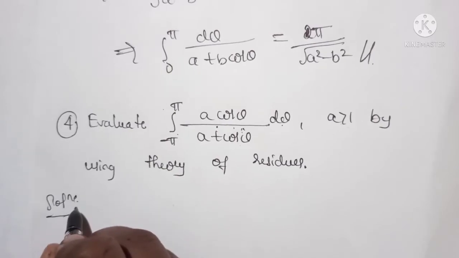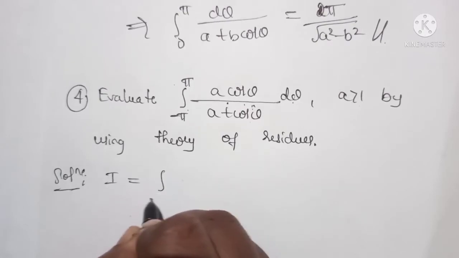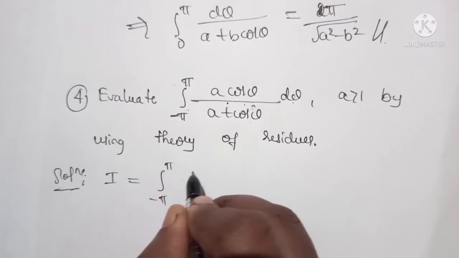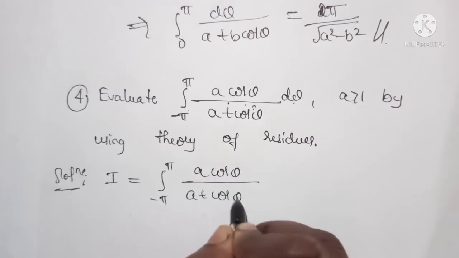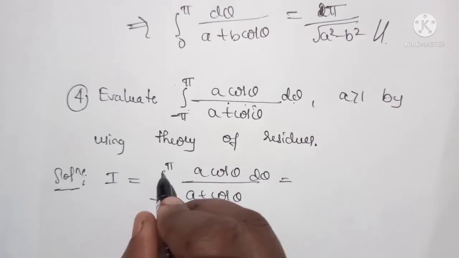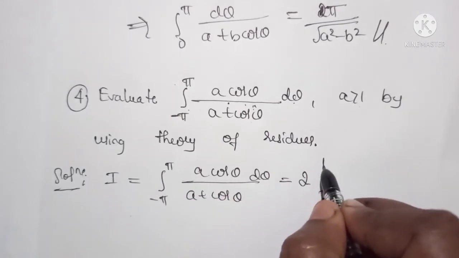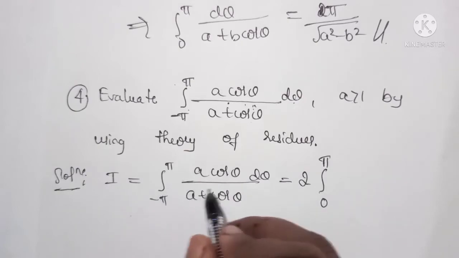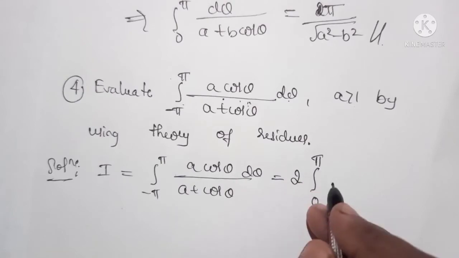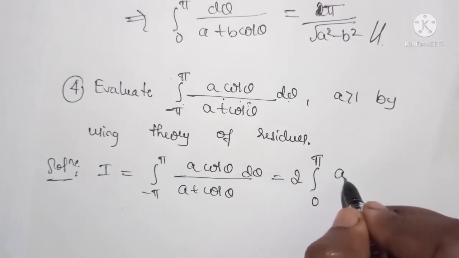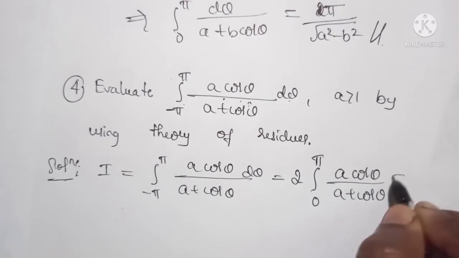First we use the definite integral properties. I equals the integral from minus pi to pi of a cos theta divided by a plus cos theta d theta, which can be written as 2 into the integral from 0 to pi of a cos theta divided by a plus cos theta d theta.